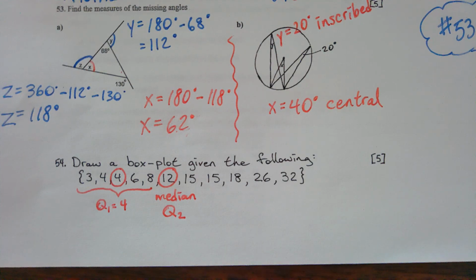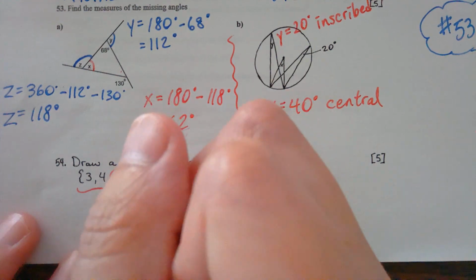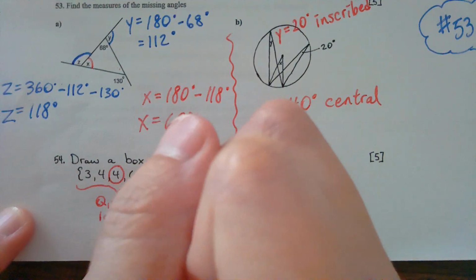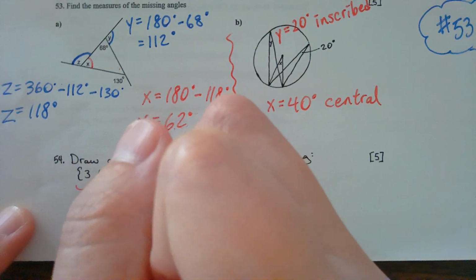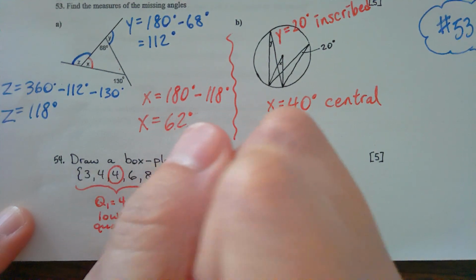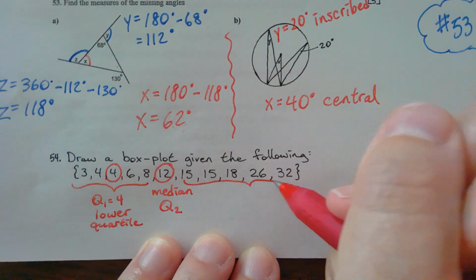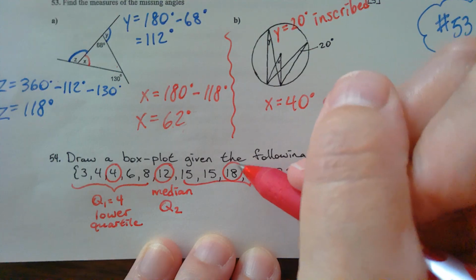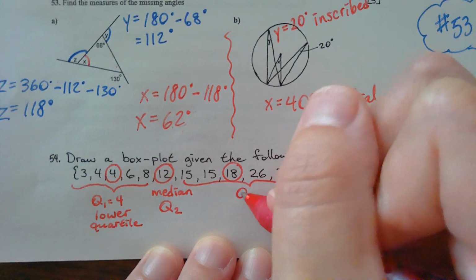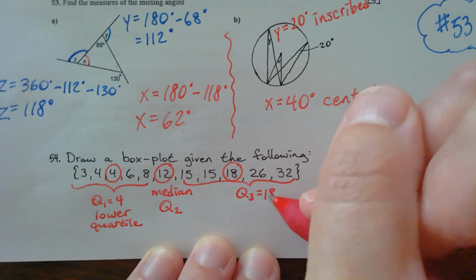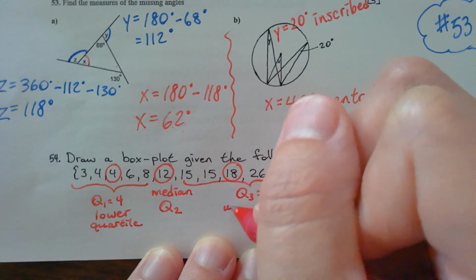Yeah, lower quartile. That's what the Q stands for. Okay, and then same thing here. Looking at this set, median is 18, so Q3 is 18, and that's called my upper quartile.